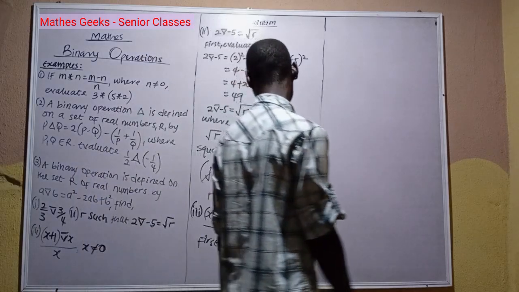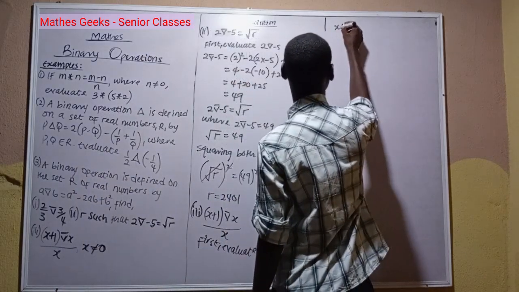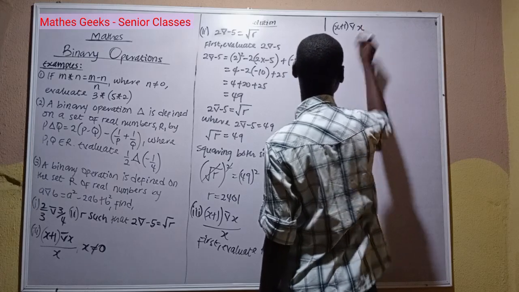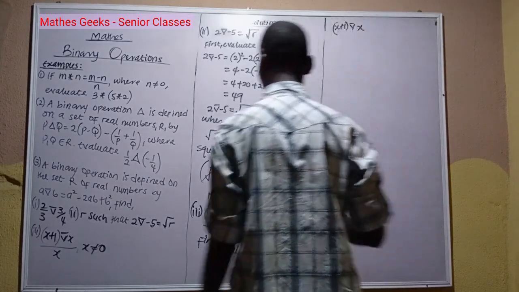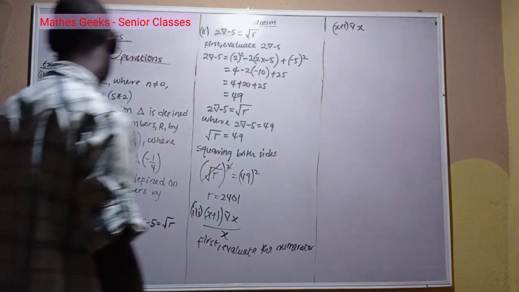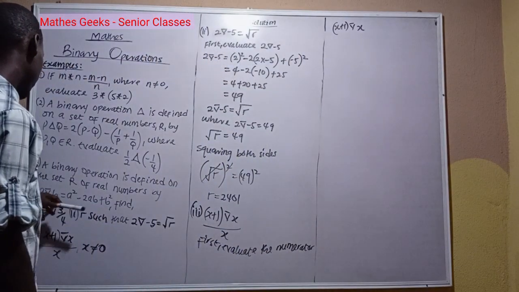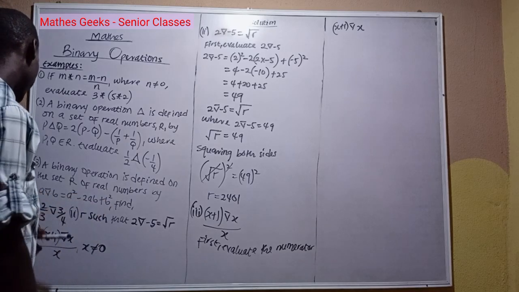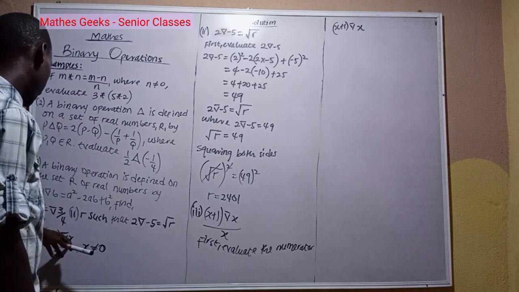The numerator is x plus 1 operation x. Okay, so from our rule of combination, we're given that a operation b is equal to a squared minus 2ab plus b squared. So our a is x plus 1 and our b is x.